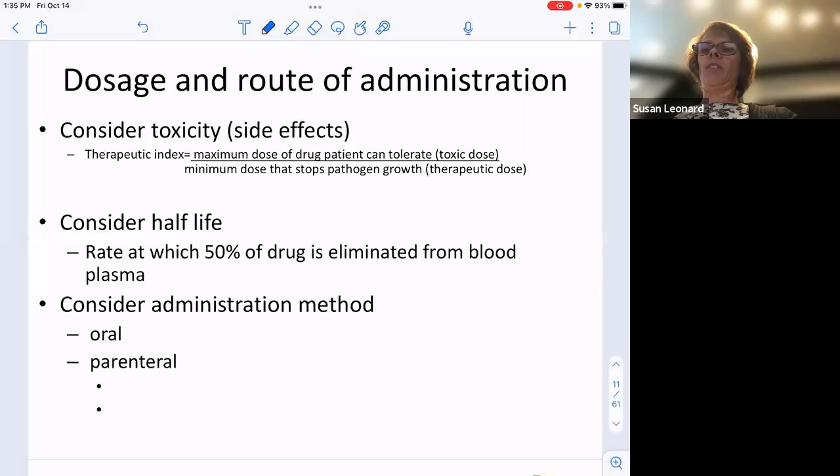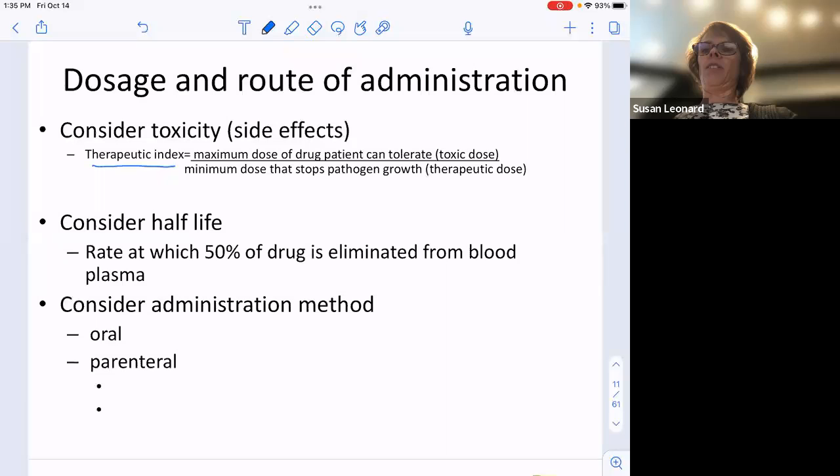We call that the therapeutic index. The goal is to select the dosage that's going to be really effective without harming the host, obviously. And the difference between those two things we refer to as the therapeutic index.